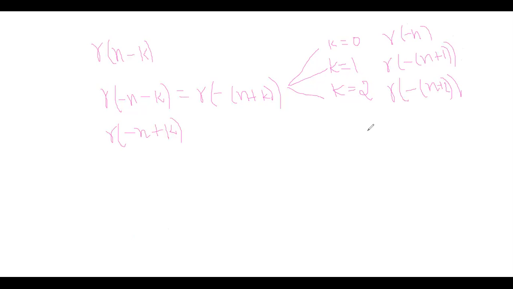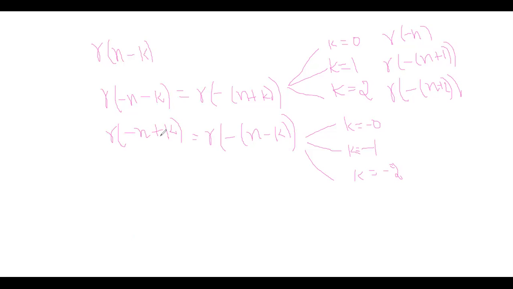Okay, my dear students, n plus 2. So that is for positive values of k. Now this R of minus n plus or minus k is R of minus n minus k. For negative values of k, k is minus 0, k is minus 1 and k is minus 2. For negative values, k is minus 0 means minus n minus 0.